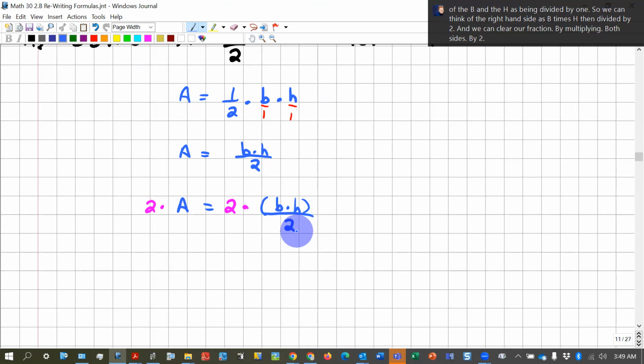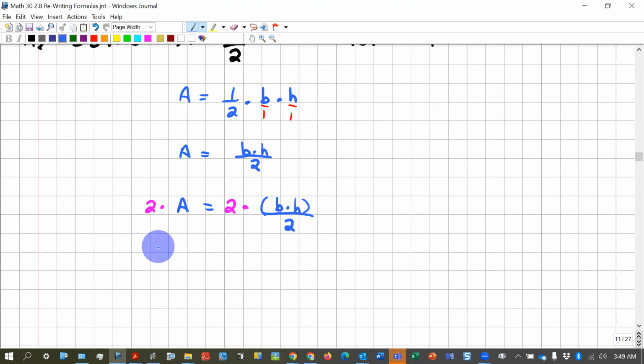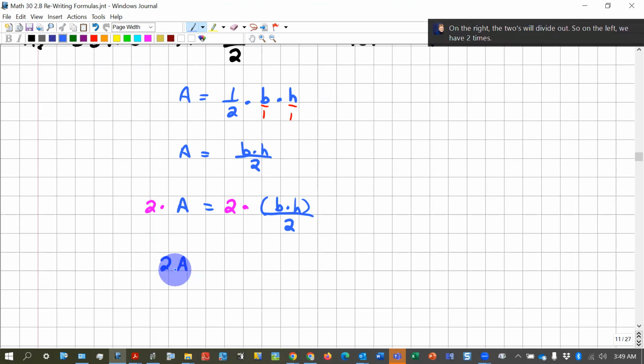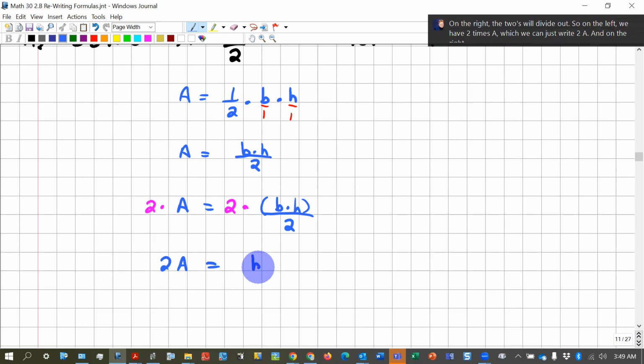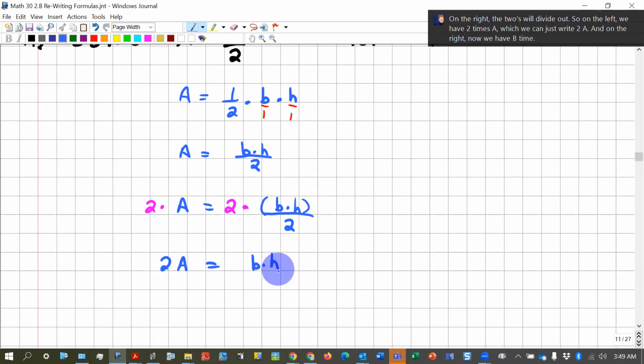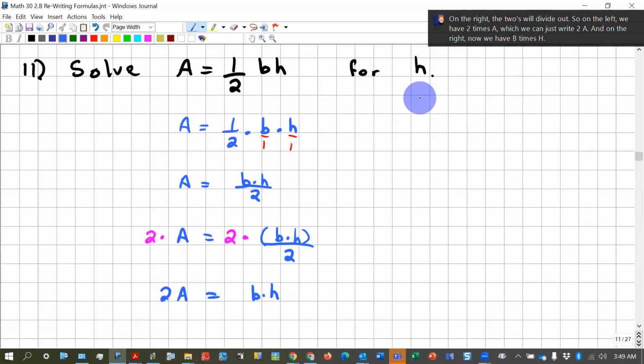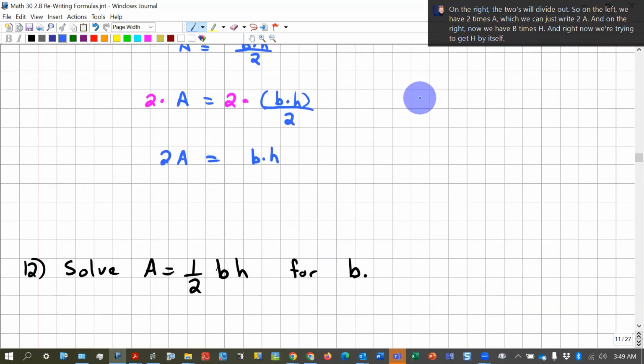On the right, the 2's will divide out. So on the left, we have 2 times a, which we can just write 2a. And on the right, now we have b times h. And right now we're trying to get h by itself. So we're going to divide both sides by little b.